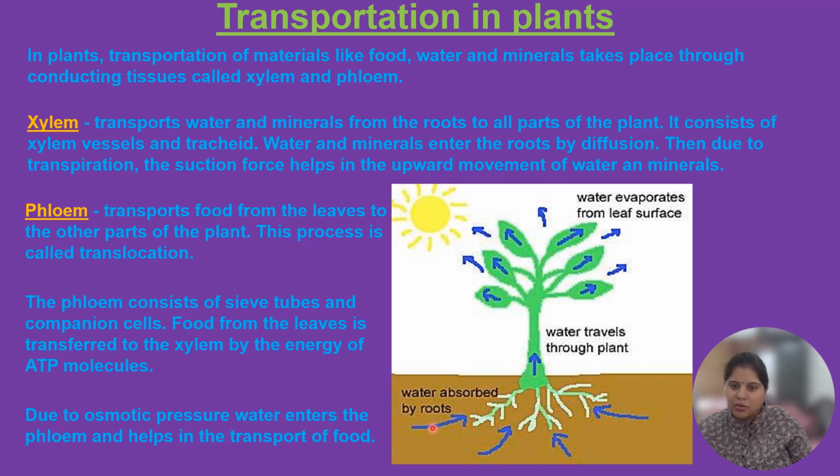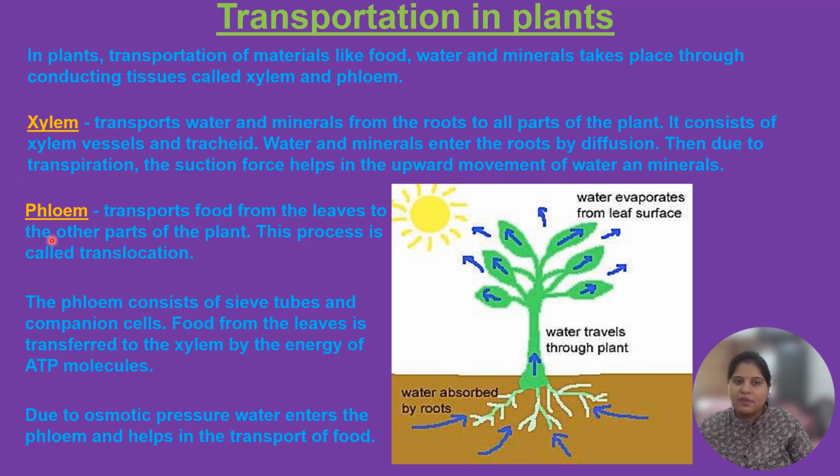So water and minerals are absorbed by the root, and now transpiration is taking place. Transpiration creates a force or pull through which water and minerals are transferred to all the parts of the plants. So conduction of water takes place with the help of xylem in plants.